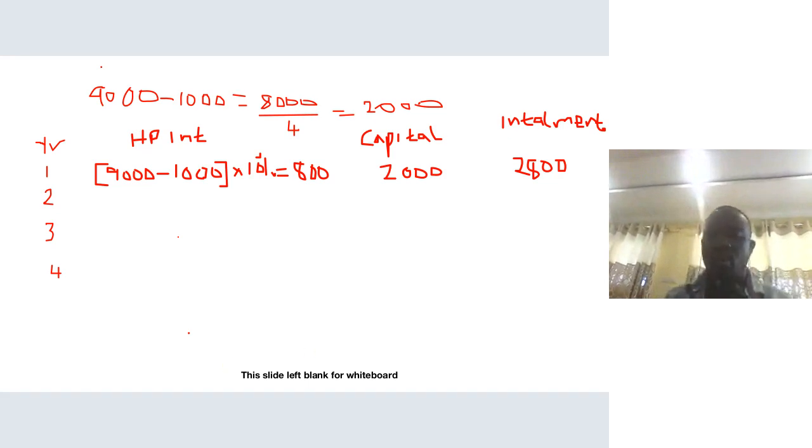Now, when we move to year 2, the same way we were looking at the other one, the outstanding balance here will be 8,000. This you can do well, 8,000, because we have already looked at them. Plus the interest there, which is 800.